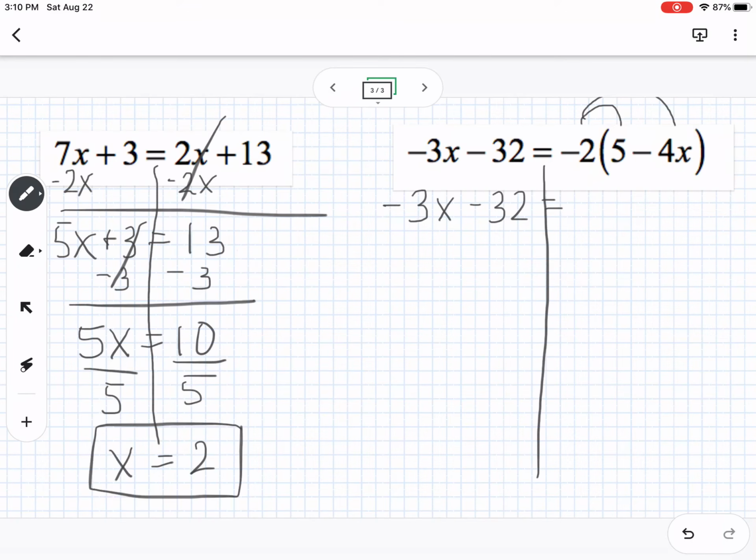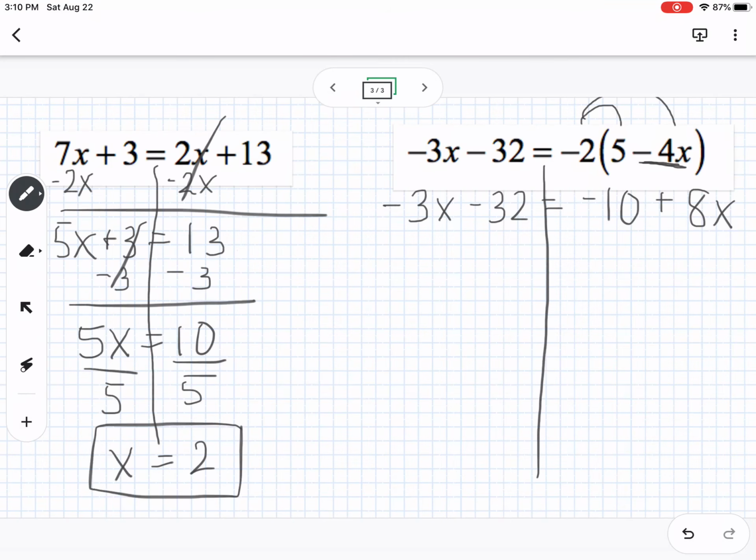Over here, I take negative 2 times 5 and I get negative 10. Then I take negative 2 times negative 4x, and a negative times a negative, remember, is a positive. Just keep in mind that the sign in front of the 4x goes with the 4x. So that would be plus 8x.